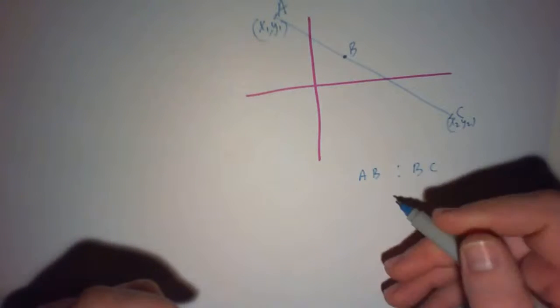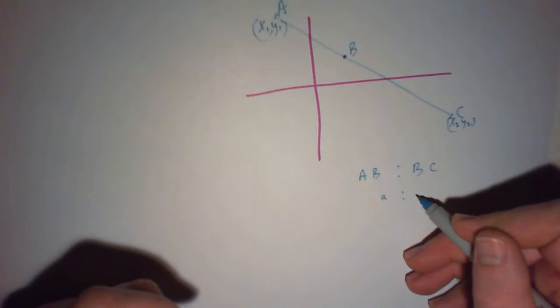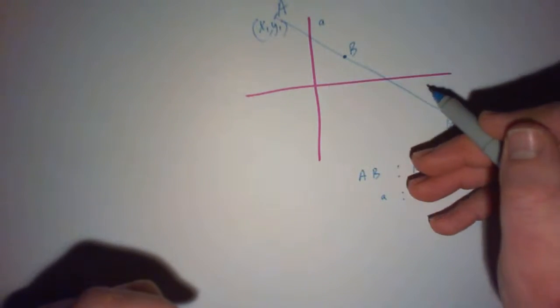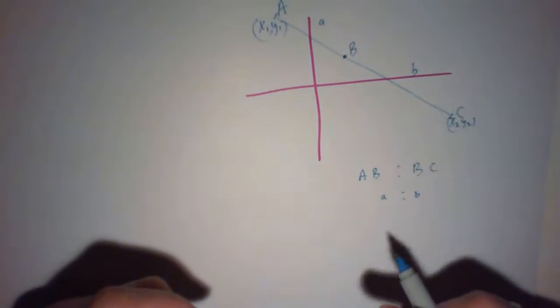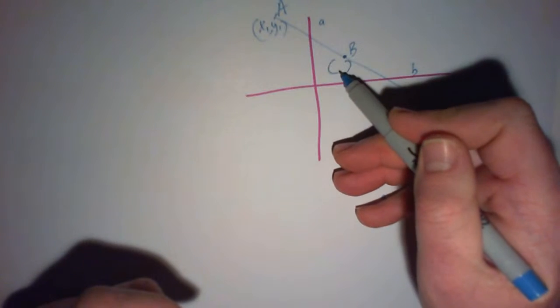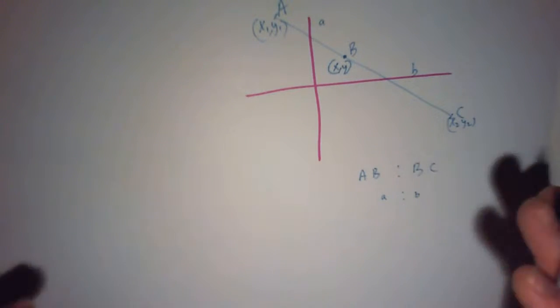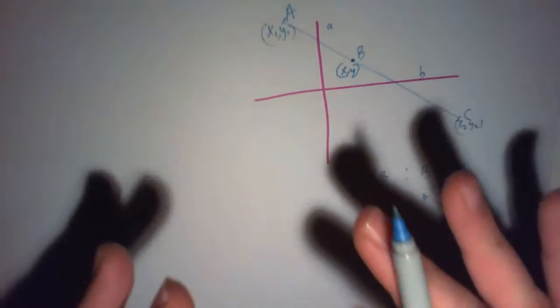So let's say it's broken up in a ratio of A is to B, or A is to Z, whatever. If I know that ratio, I can work out this coordinate. Sounds a bit crazy, but it's actually not too hard.